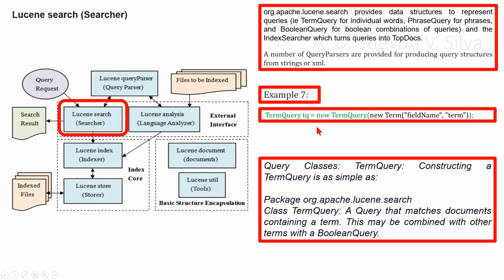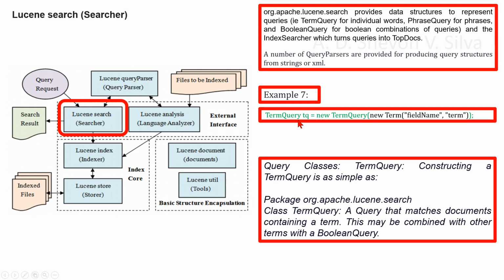Now we are considering TermQuery in query classes. Constructing a TermQuery is as simple as this, and the class TermQuery in package org.apache.lucene.search is a query that matches documents containing a term. This may be combined with other terms with the BooleanQuery.